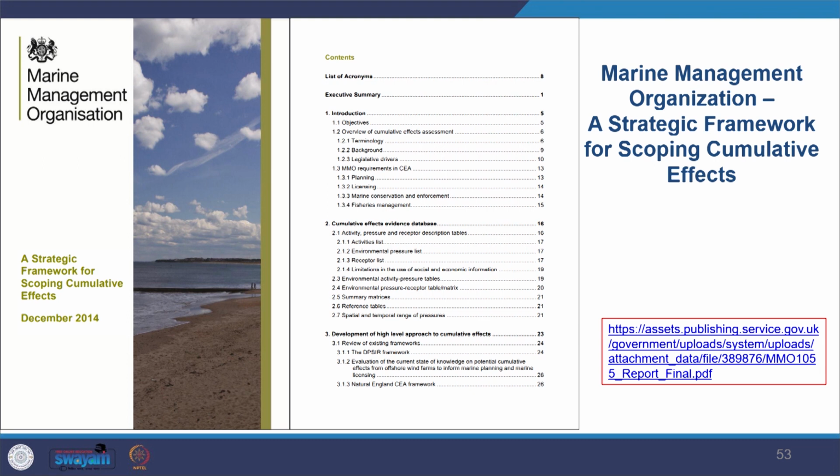Within their content, they have explained cumulative effect, and then they have talked about how, for the Marine Management Organisation, you take care of different requirements, how you take care of the database within this, what kind of approach you adopt, and the framework used for this particular area.